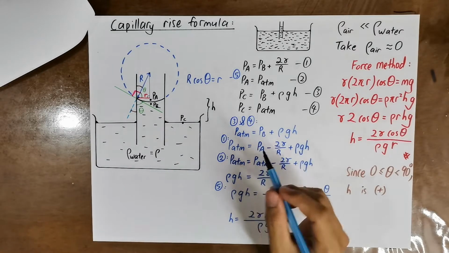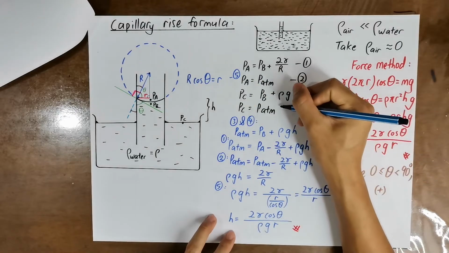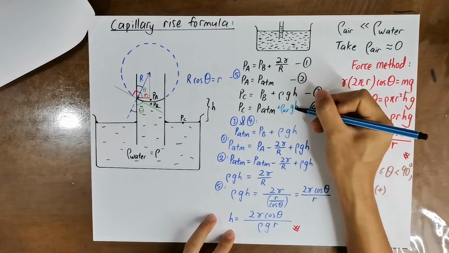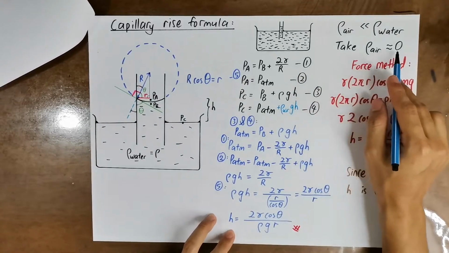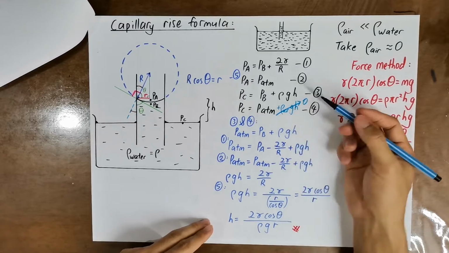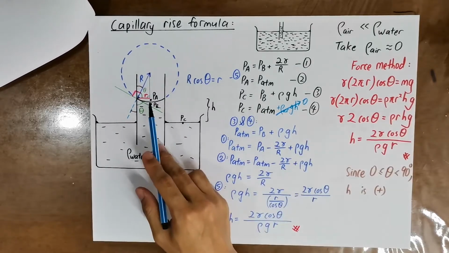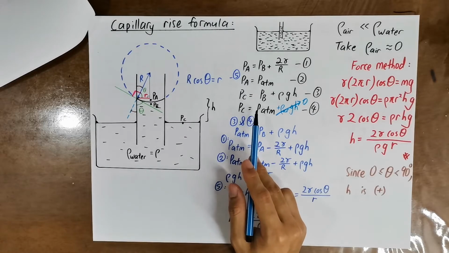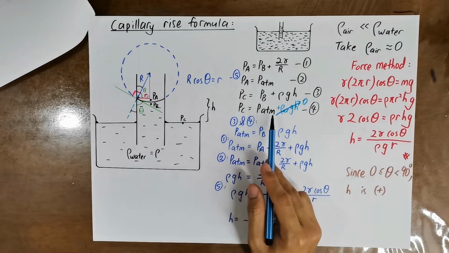I repeat one more time: I should say PC equals PATM plus rho A g h. But rho A is negligible, so we just ignore this term; we say that this term is 0. That's why the pressures at point A and point C are all atmospheric pressure.